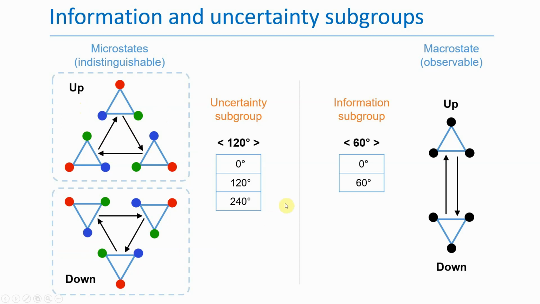What about a 60-degree rotation? It would turn any vertex up state into a vertex down state and vice versa. In other words, it also generates a group, namely group 60, this one with 2 elements. This is called the information subgroup. It describes transformations that are not occurring.